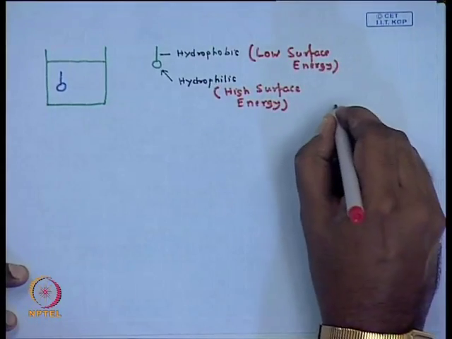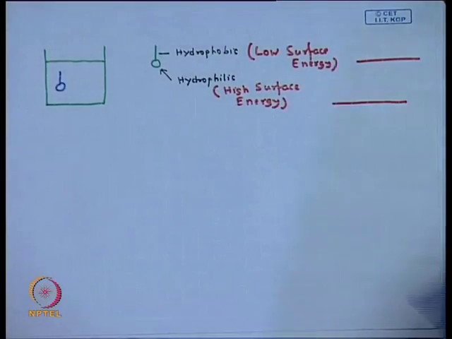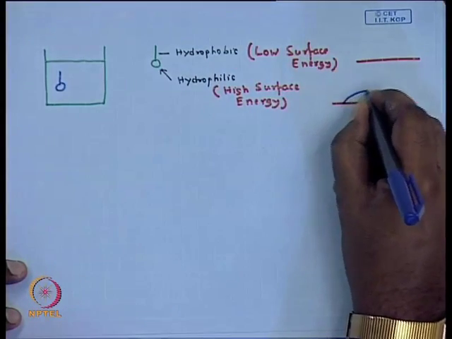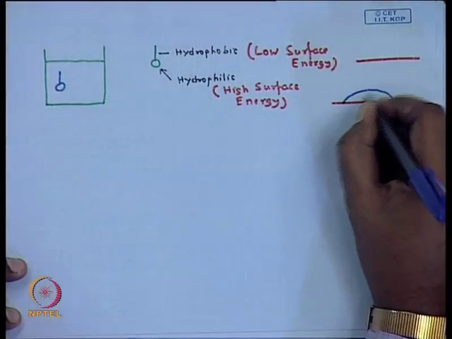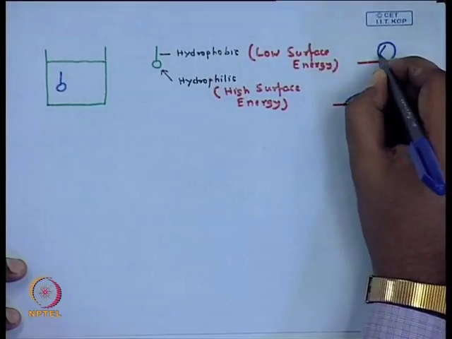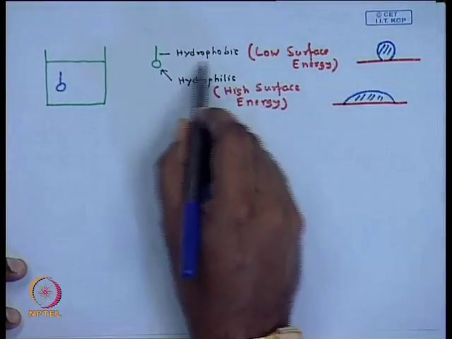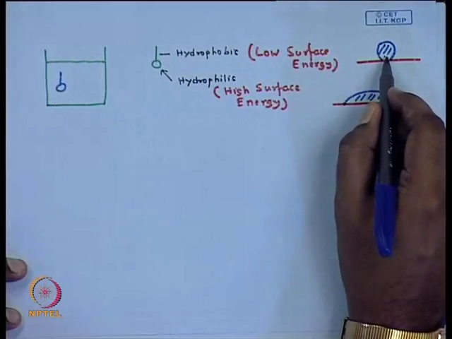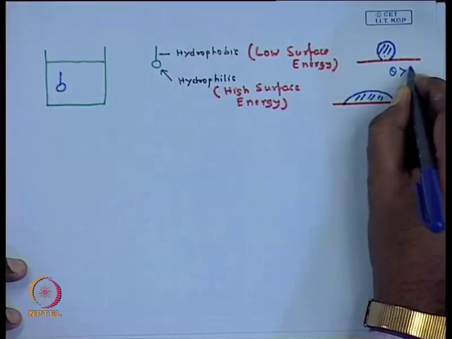If you try to remember the corresponding configurations we had when we considered the Young's equation, this will exhibit a droplet morphology like this, and this corresponds to a droplet morphology like this. Or in other words, if you consider a surface made up of this so-called hydrophobic material, a water droplet will try to shrink and theta will probably be higher than pi by 2.